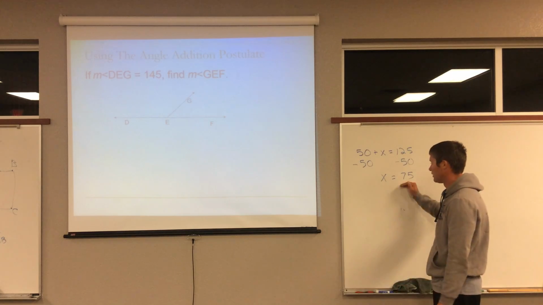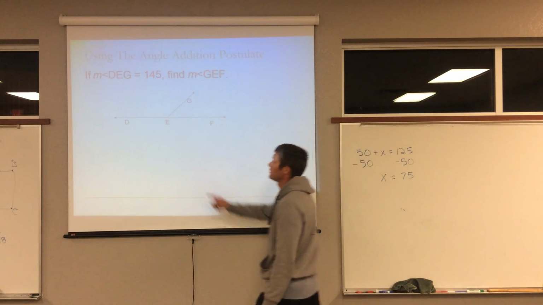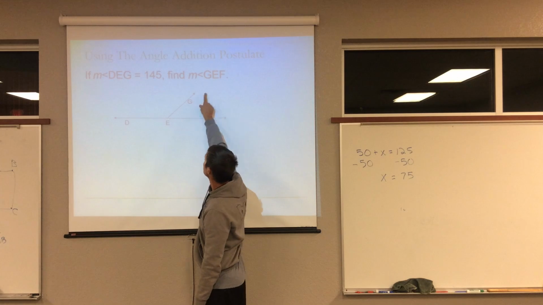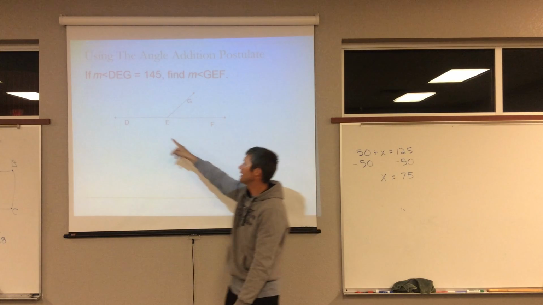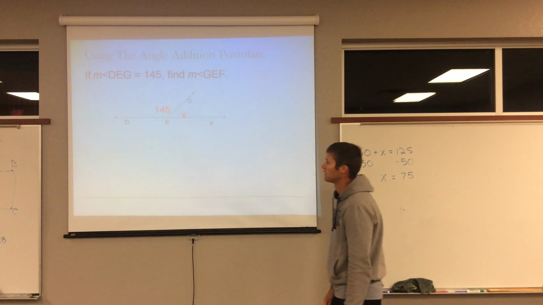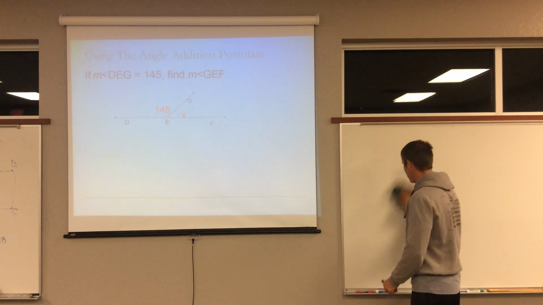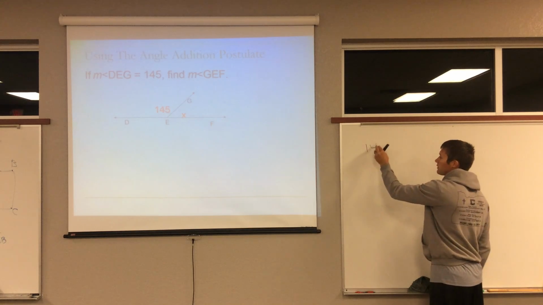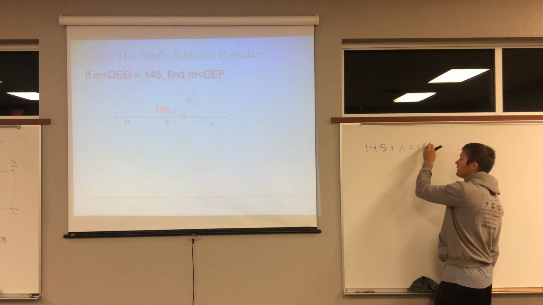Same thing here. DEG is 145 degrees. We want to find GEF. The thing that we need to remember is DEF is a straight line, so it's 180 degrees. So we go almost the same format. 145 plus x equals 180.